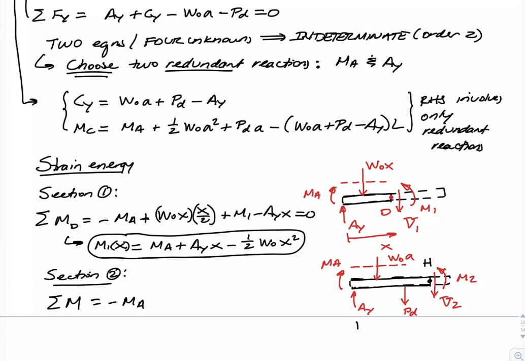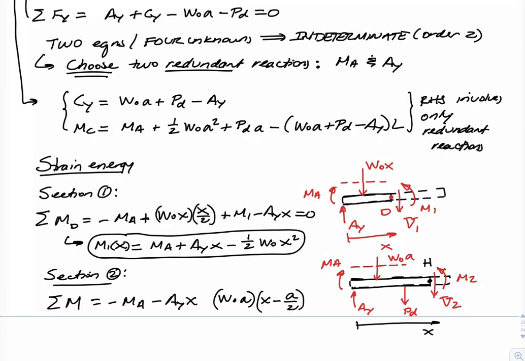And again, this distance is X all the way over. So I've got MA, I've got minus AYX. I've got W naught A, which is going to have a moment arm of X minus A over 2.